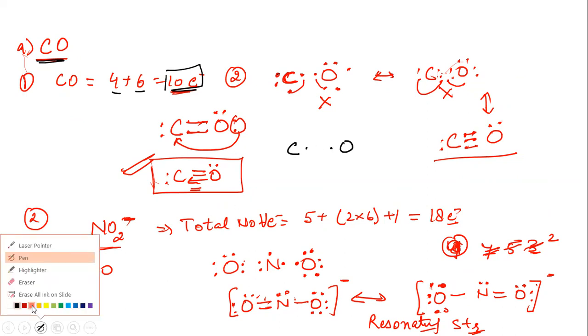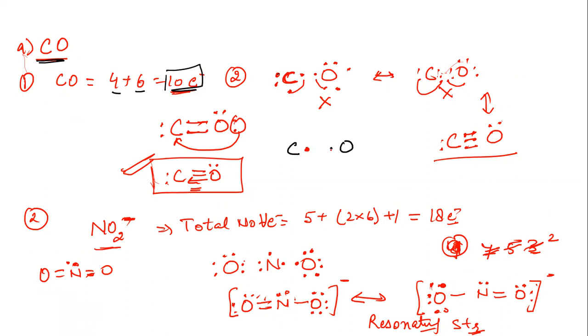I will write this in red. Now how many electrons are left? We have used 2 out of 10, so 8 electrons are left.